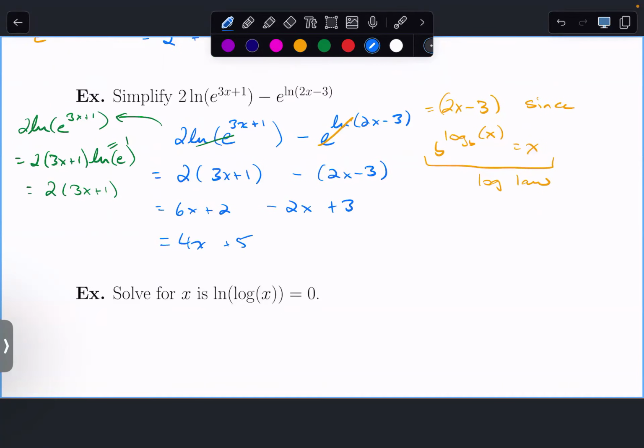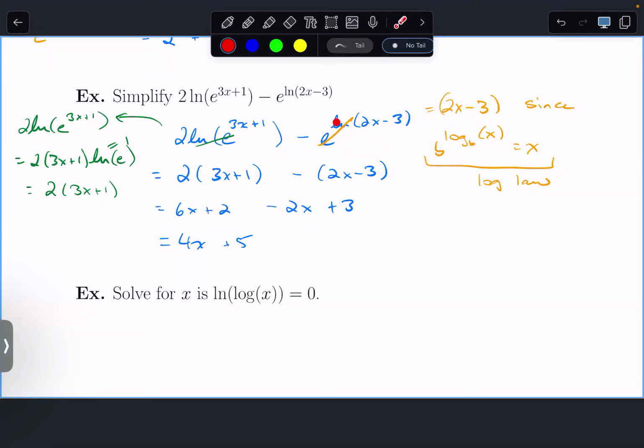Yes? This one here. Oh, this one, because there's a log law that says if I have b to the power of log base b, which I have, right?